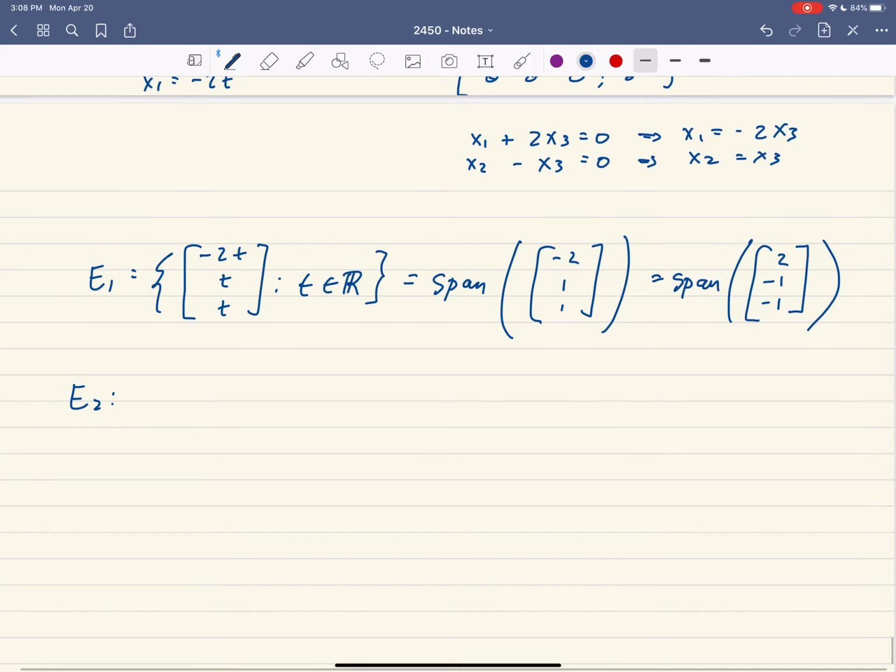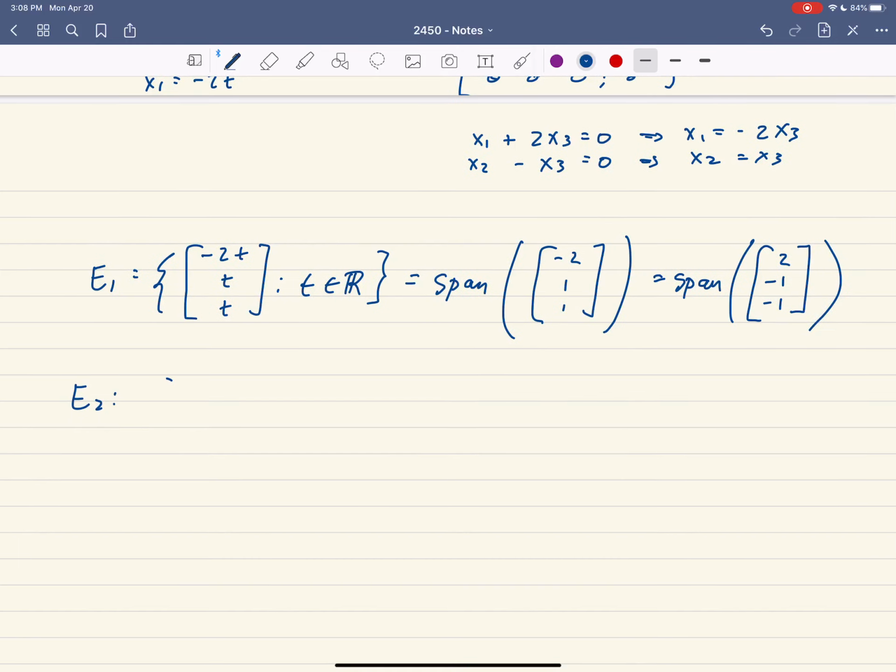And what we're going to do is, remember, we're trying to solve A minus lambda I times x equals 0. And that works out to be, if I take A minus lambda I, where lambda is 2, that's going to be minus 2, 0, minus 2, 1, 0, 1, and 1, 0, 1.